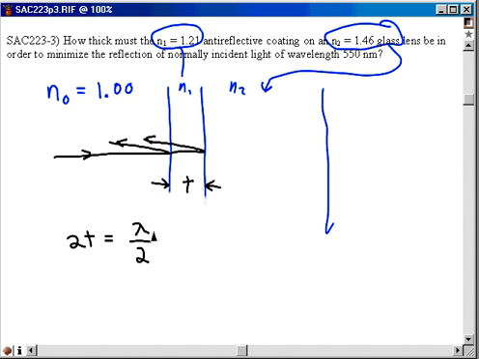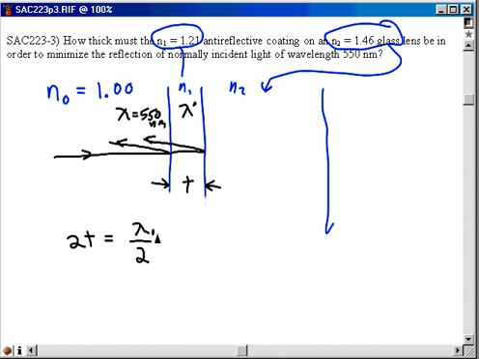I'm going to call this lambda 1, representing the wavelength of the light when it's in this material 1. Remember, it does change. It's got a wavelength lambda out here, which will be the 550 nanometers, and a different wavelength in here, which I'm calling lambda 1.